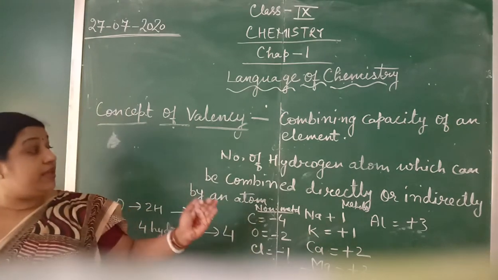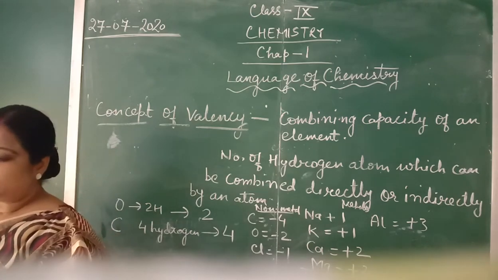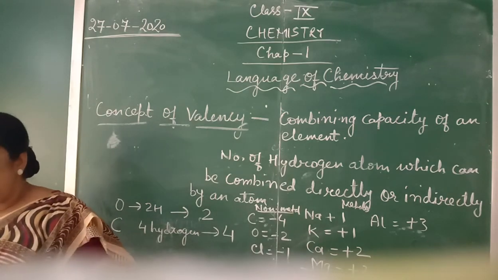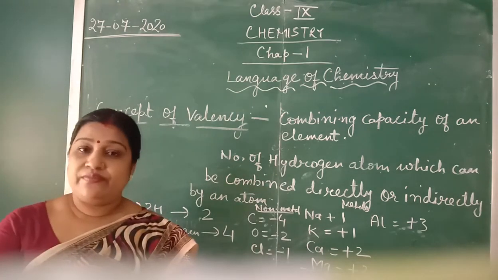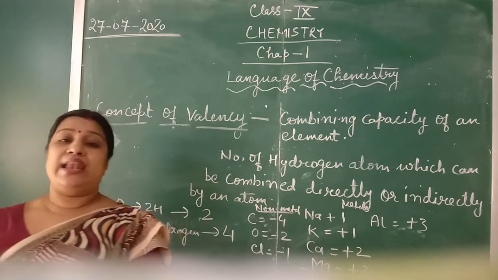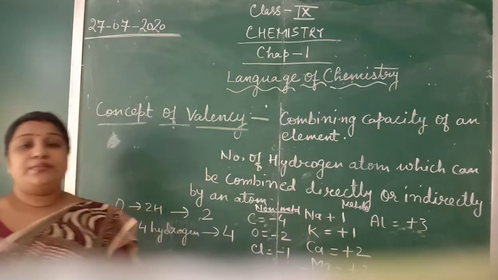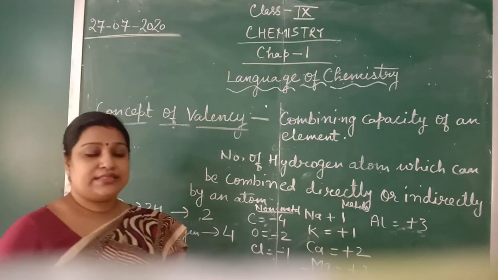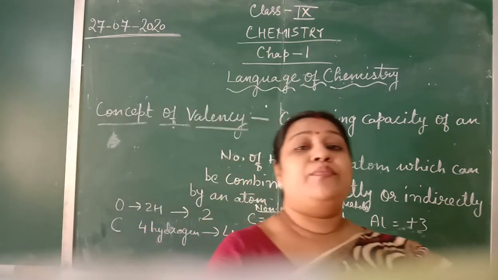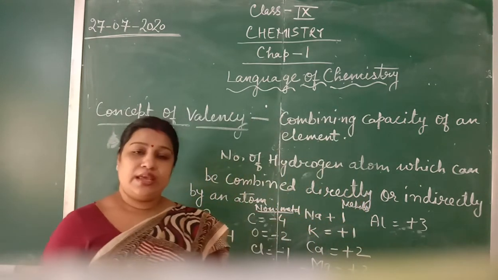And the molecules are neutral. That means the total positive valency and the total negative valency are equal in the compound. The atoms combine in such a way that both the positive and negative valencies become equal.